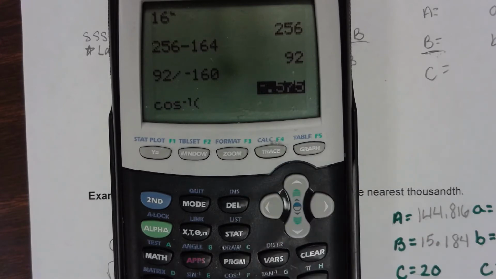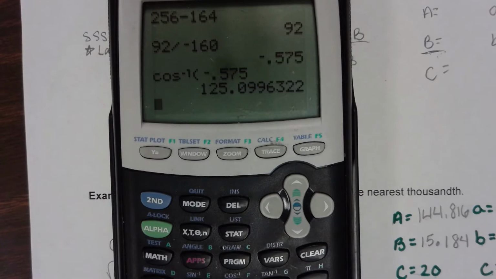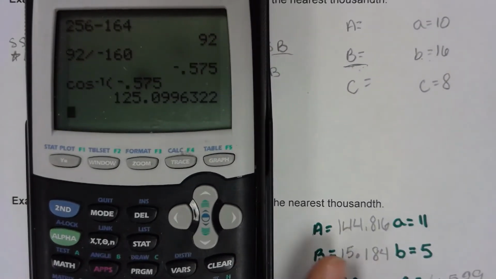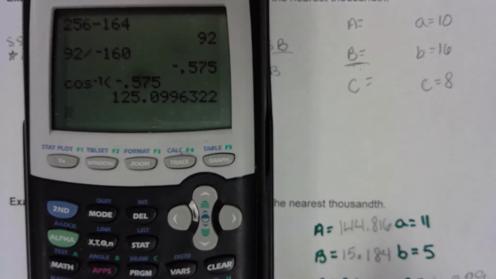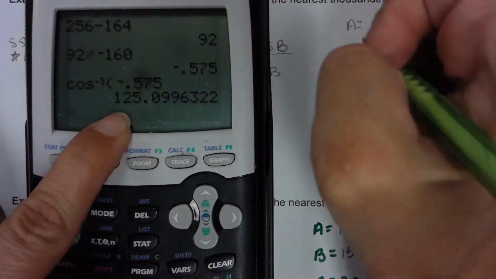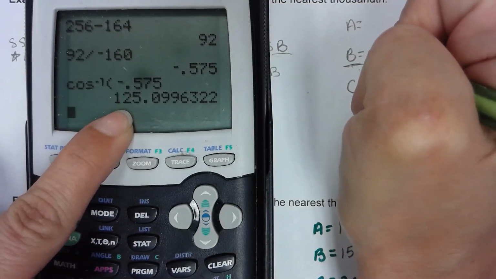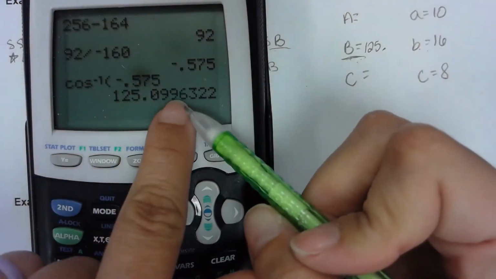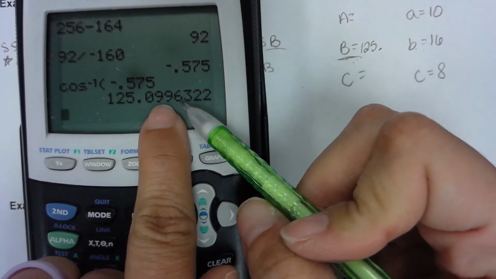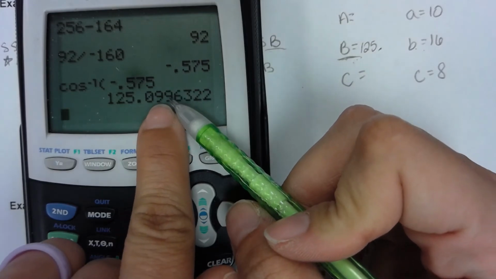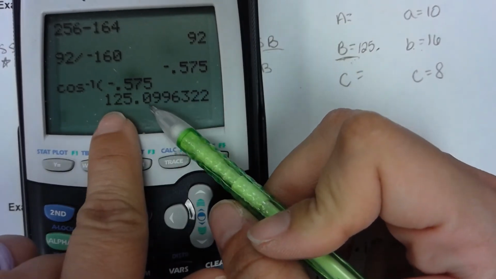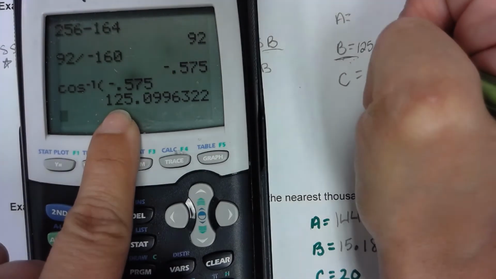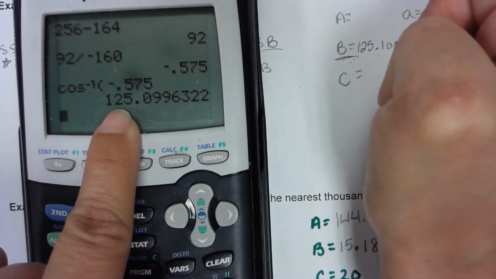So up and then enter, enter again, and there is my answer. So what angle did we solve for again? We solved for B. So we get 125. If we go to the third decimal place, I have to say that the 6 rounds the 9 to a 10, which brings everything up. So it's going to be 125.100.